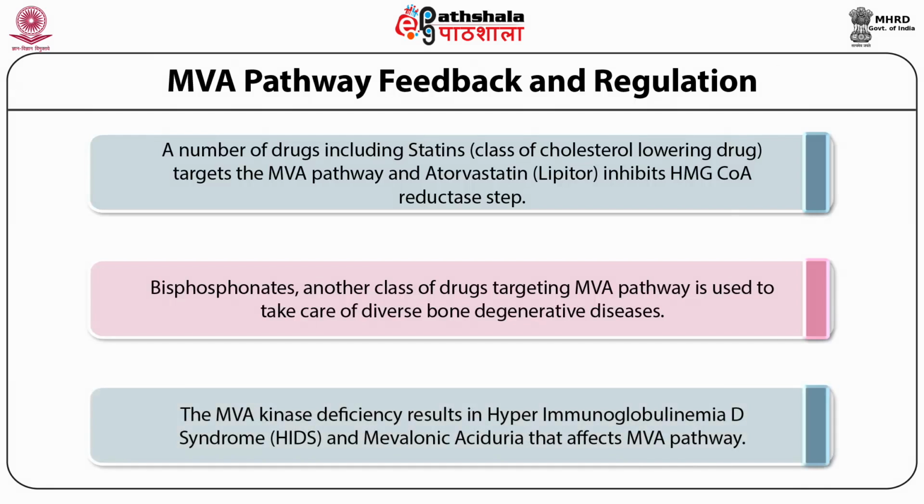The mevalonate kinase deficiency results in hyperimmunoglobulinemia D syndrome, abbreviately known as HIDS, and mevalonic aciduria that affects the mevalonate pathway.